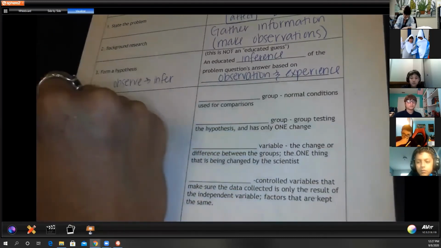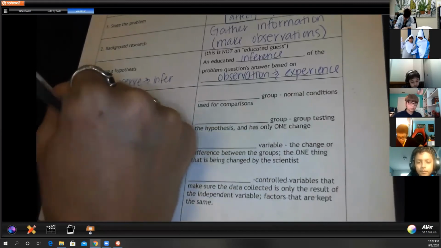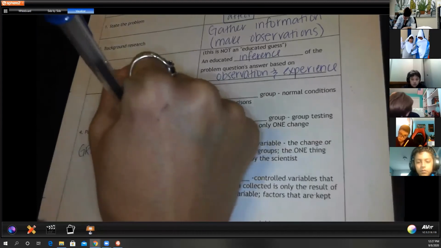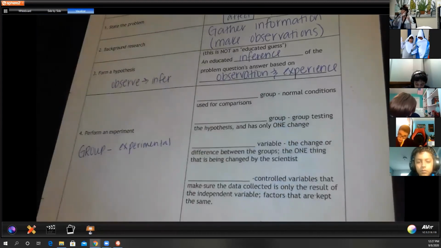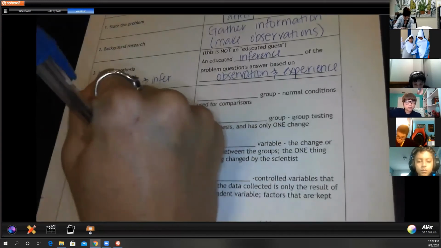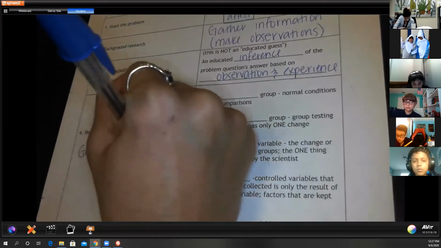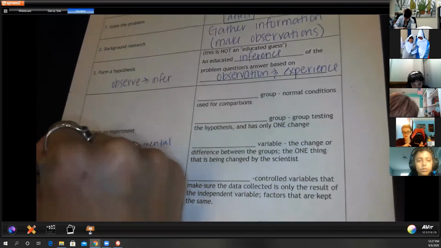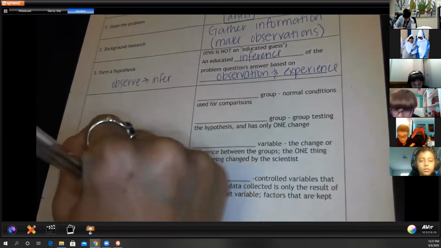Remember, a group is an experimental condition. It's like, you know, I feed Clementine wet food for a week. That's a condition. A variable is one thing. Like one thing I'm changing or keeping the same.